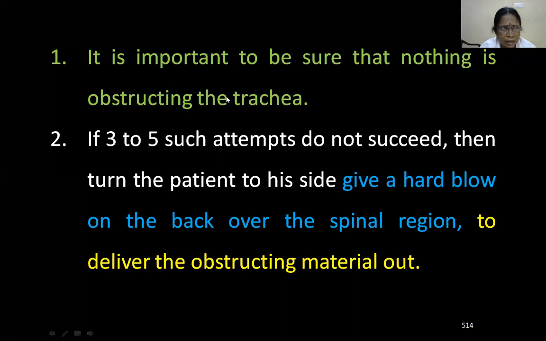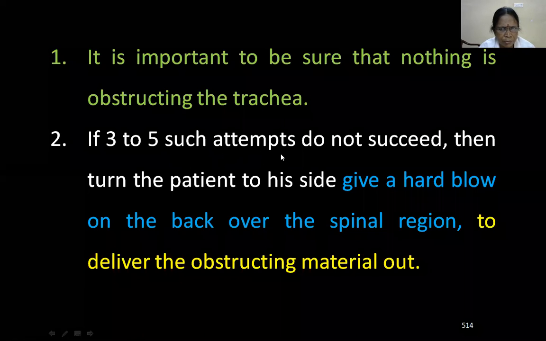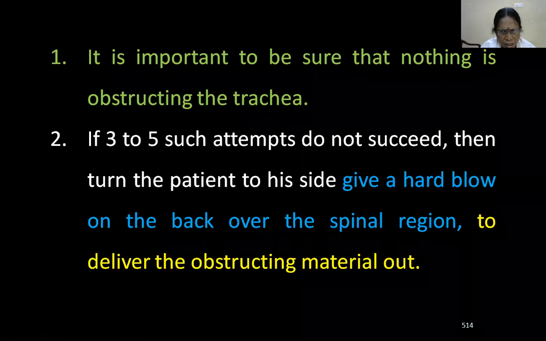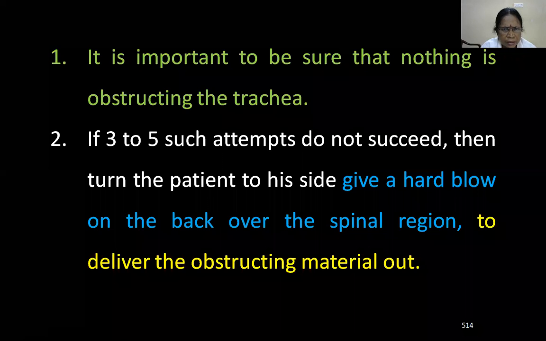Suppose you have given three such attempts and there's no improvement in the patient, then you think that something is obstructing, and therefore what you do is give a hard blow on the back in the spinal region of the patient to dislodge the obstruction, and then the obstructing material comes out. And this is also important, to see that nothing is obstructing the trachea.